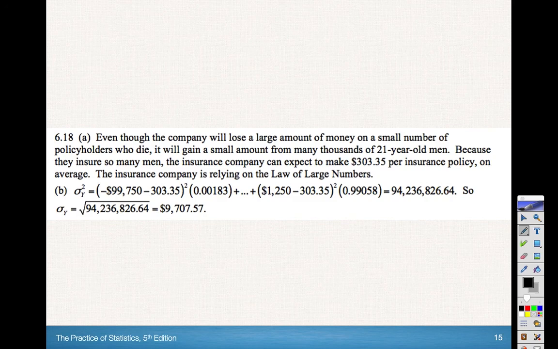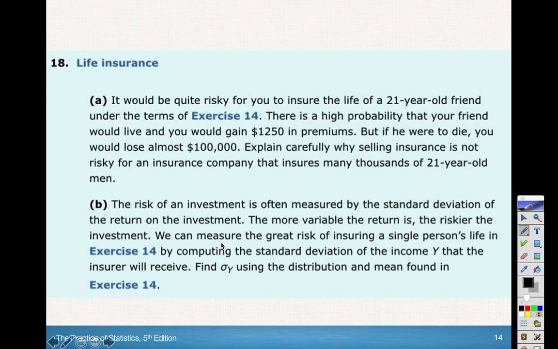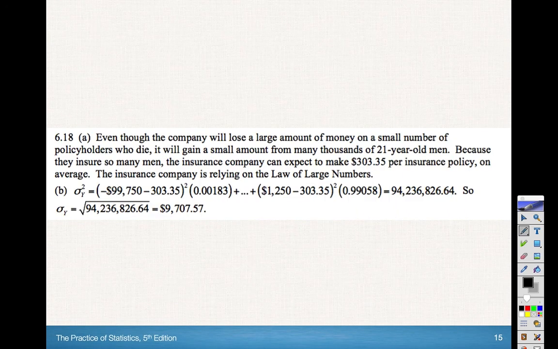So they can vary a lot higher, or they can vary into the negatives, 303 minus 9,000, but it's the typical variation. The more variable the return is, the riskier the investment. I'm not sure how volatile that is, but it is the variation.